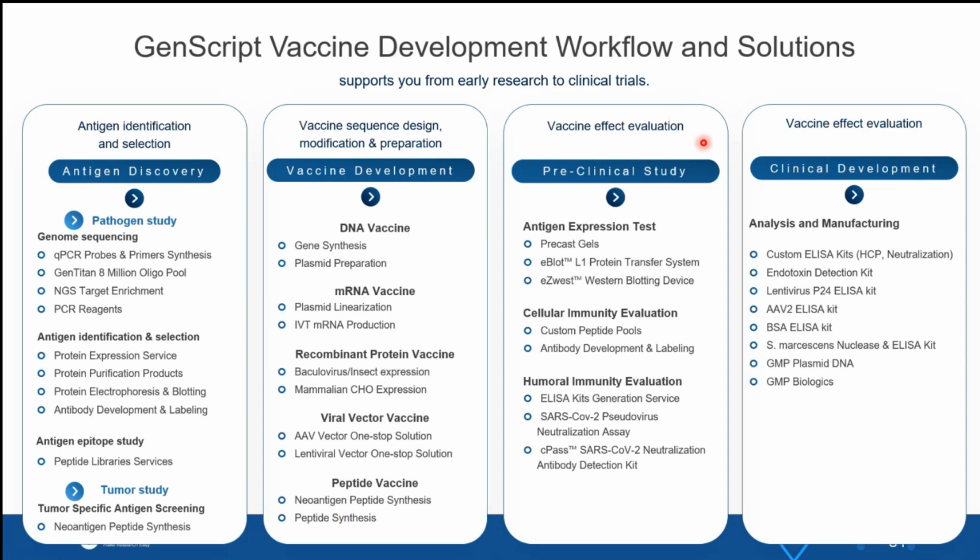And for the vaccine effect evaluation part, for DNA or mRNA vaccines, we need to test the antigen expression. We have some popular products like precast gels, and these two are instruments for the protein transfer system and also Western blotting.